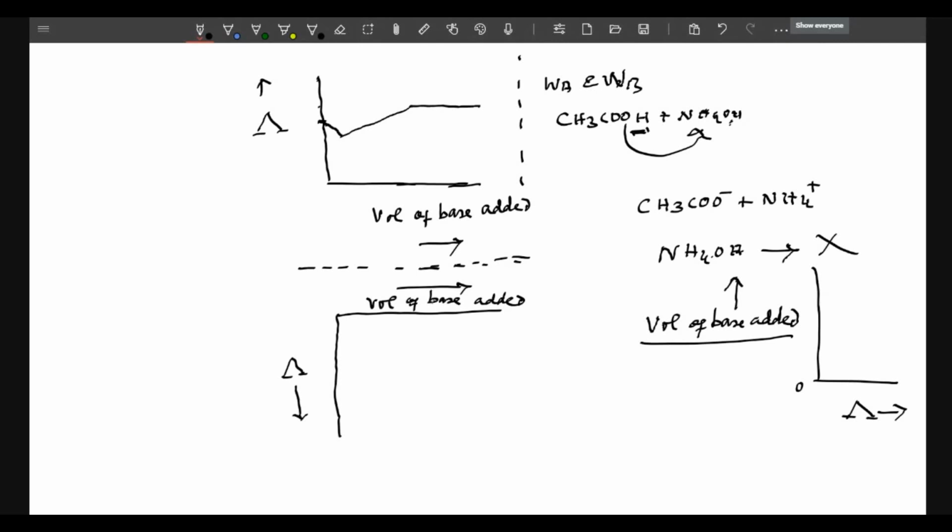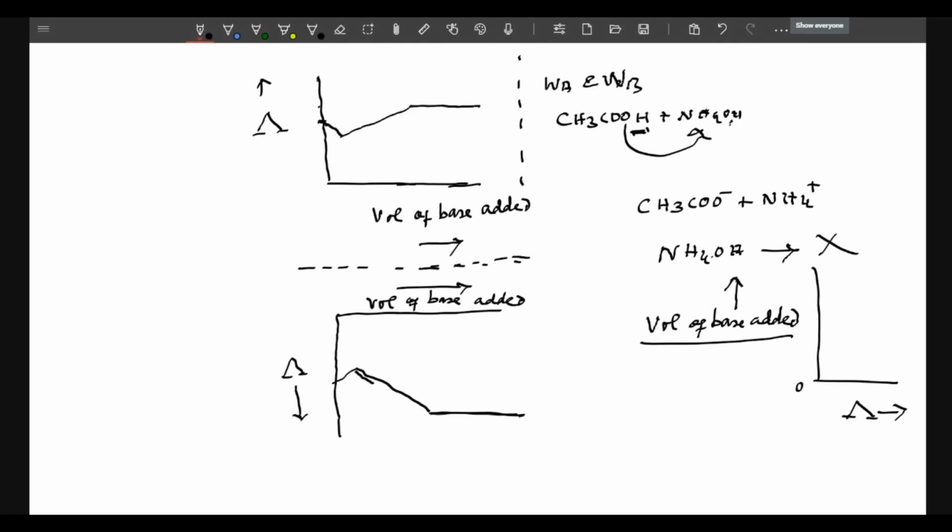The graph would be looking like this. It would be increasing in this way, then decreasing in this way, then remaining constant. Now we have drawn the mirror image. What to do next?